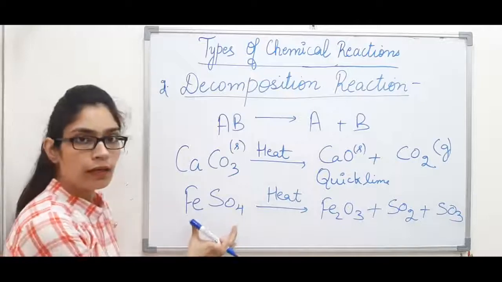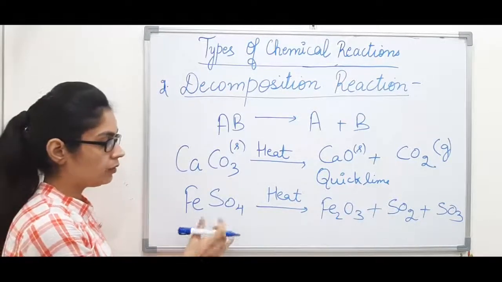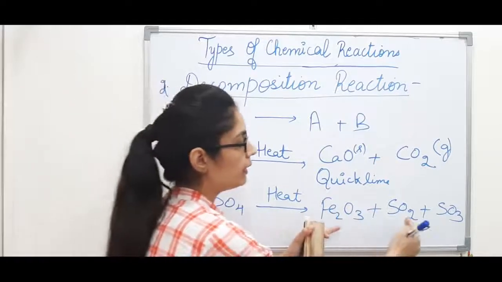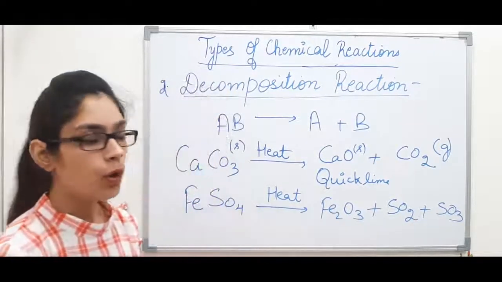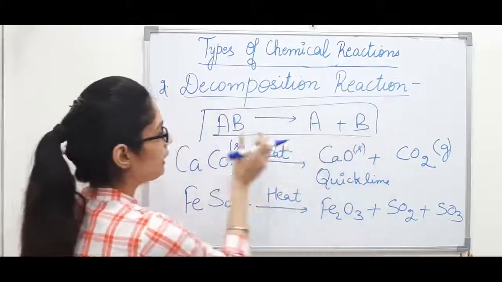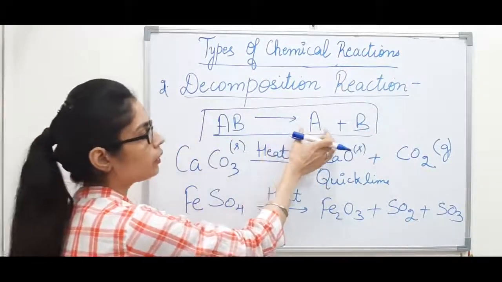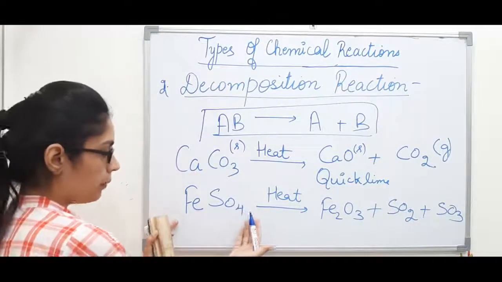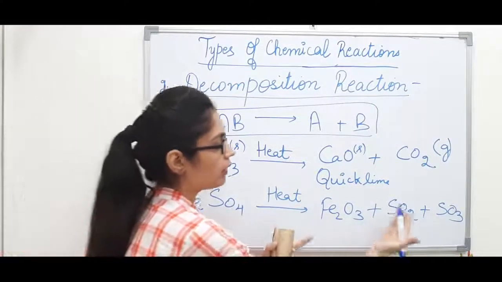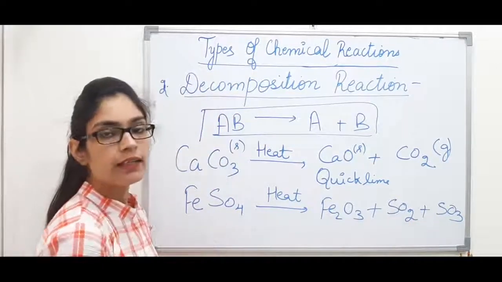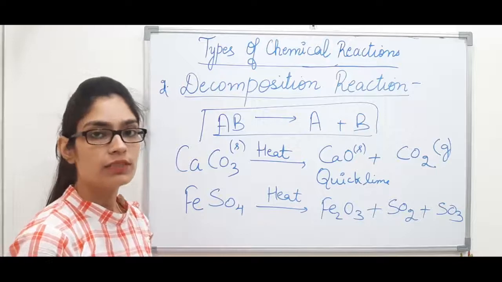See, my complex reactant, on applying heat, is getting broken down into three simpler products. From here I can relate: a complex reactant is getting broken down into simple products, which means these are examples of decomposition reaction.